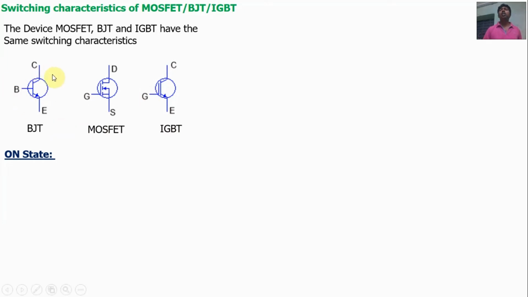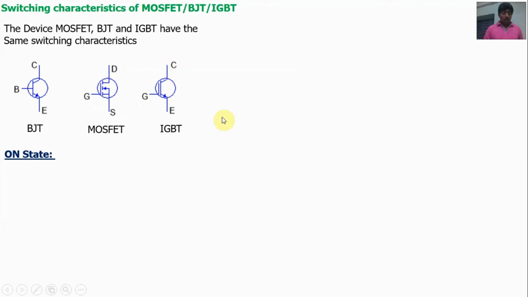The BJT is a current controlled device because the collector current depends upon the base current. We control the collector current by the base current. But MOSFET and IGBT are voltage controlled devices, because the drain current or collector current is controlled by the gate voltage.